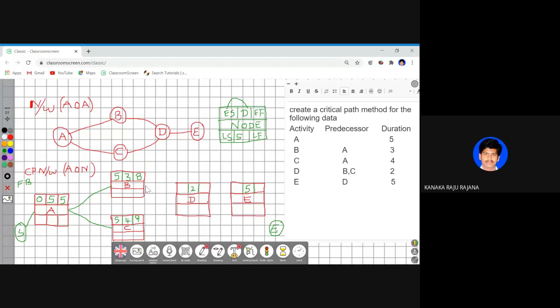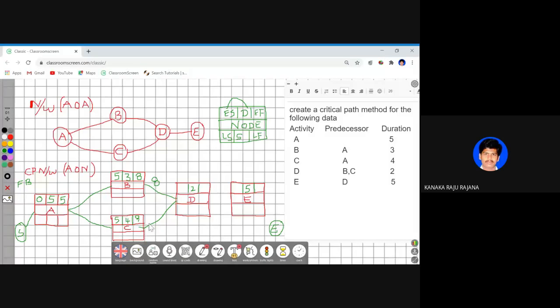Whereas if n number of activities are connected to a single activity, now if you observe that B is connected to D as well as C is connected to D, this time you need to consider your maximum value. From this, I had the early finish value as 8.